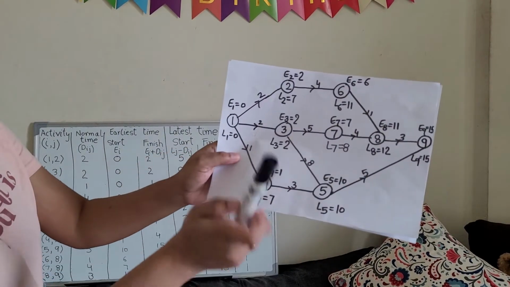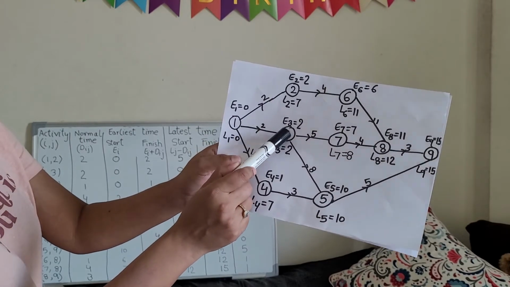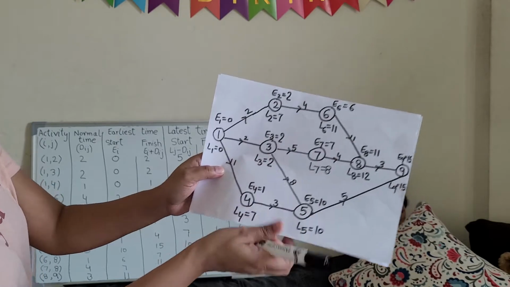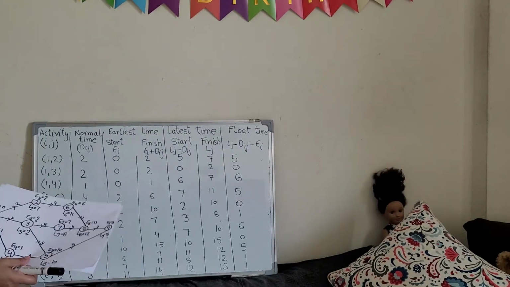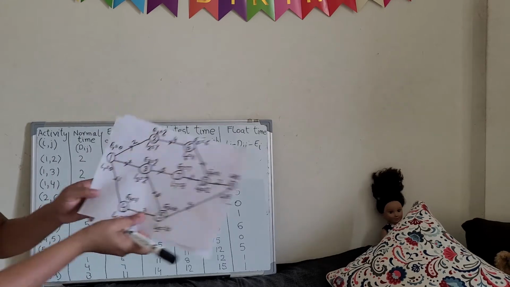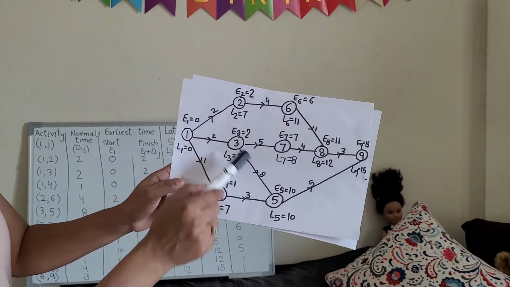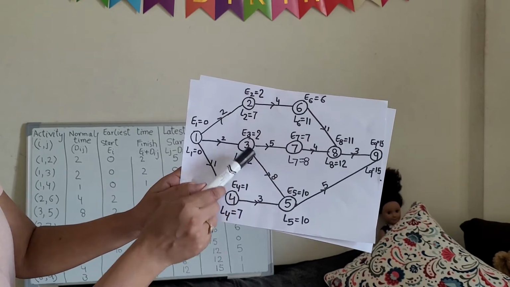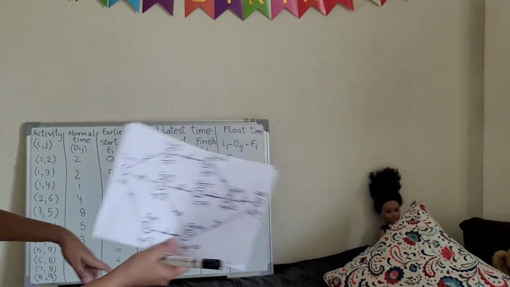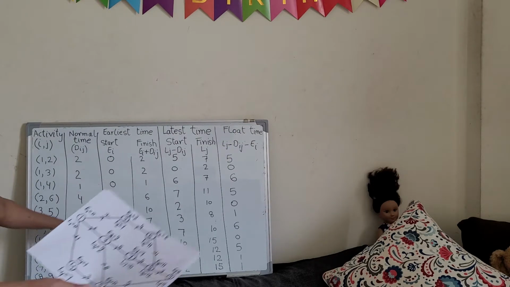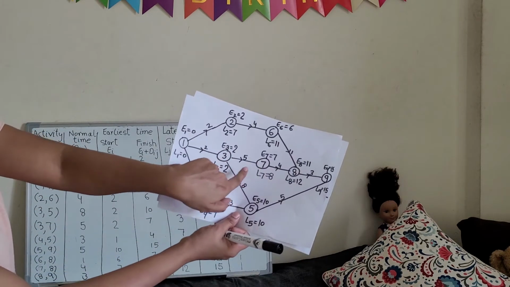Next, after 2 we will come on 3. 3 to 7 is 5. Here 2 activities are going, 3 to 5 and 3 to 7. So first we are taking this one. 3 to 5 time duration is 8 and 3 to 7 time duration is 5.